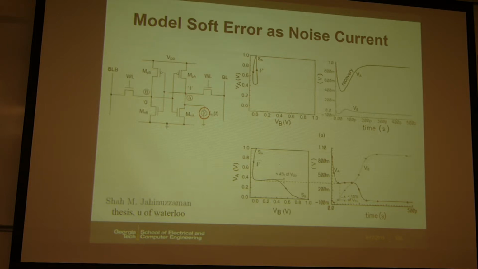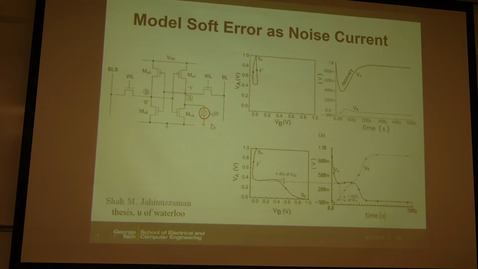And then it will become the same story as we had before. So you inject current into this node, then you may flip the state. And then you can run the SPICE simulation with the current source, and you can look at the trajectory of the SRAM's two nodes, two voltages.